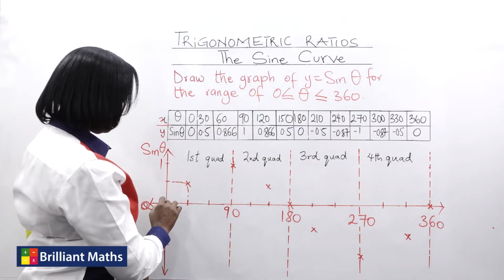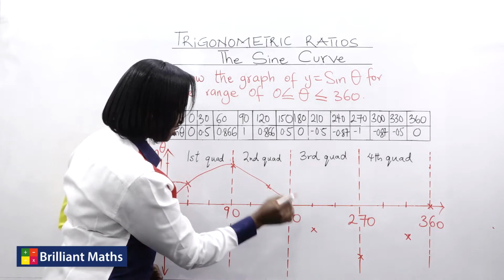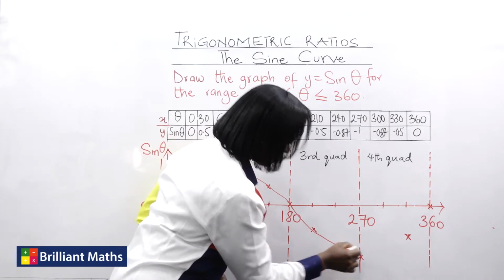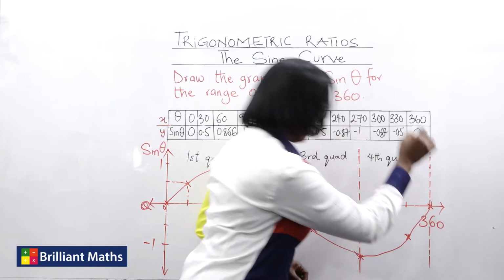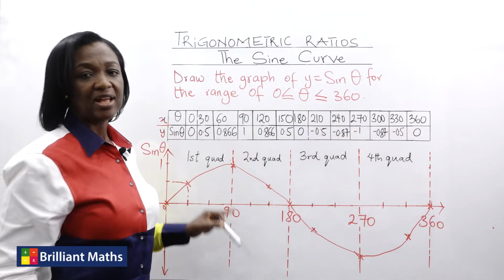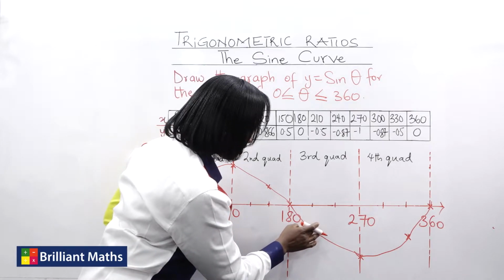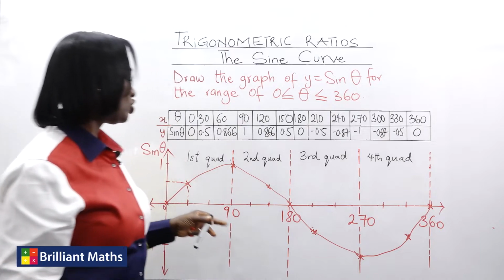Let's attempt to join the curve. It flows. That's a sketch of the sine curve. All the points should be on the curve.